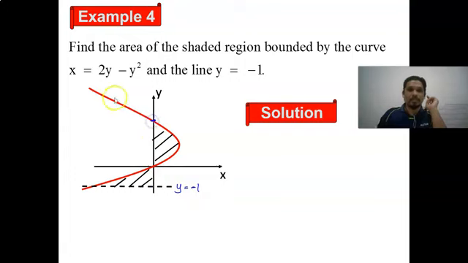From here, y and 2 minus y. So y equals 0, and 2 minus y equals 0, then negative y equals negative 2, then y equals 2 here.